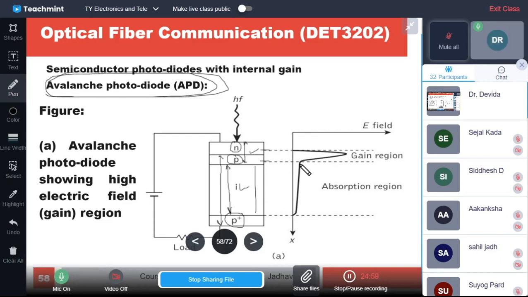So a large electric field is there in the depletion region, and also there is an electric field in the I region, the intrinsic region. There is absorption in the intrinsic region, which is a very wide intrinsic region, and the depletion region is made very short.